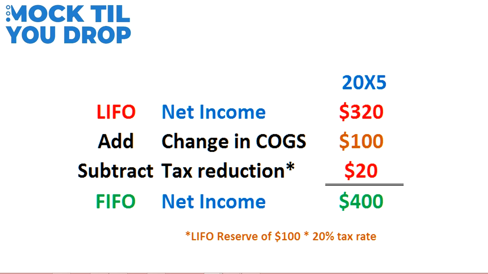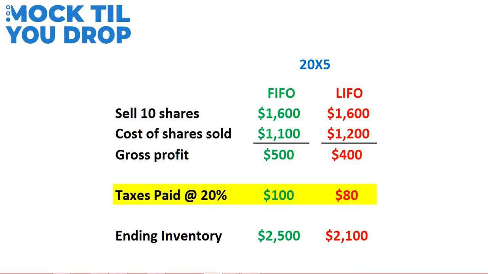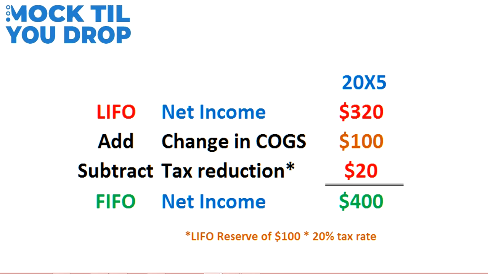We're also subtracting the tax reduction since the LIFO method in this example gave us a higher tax savings, so we need to subtract that back. This calculation is simply the $100 difference multiplied by the 20% tax rate. We can also see this from our previous slide for the taxes paid under year 5. Under the LIFO method, it's exactly $20 less than it is under FIFO.